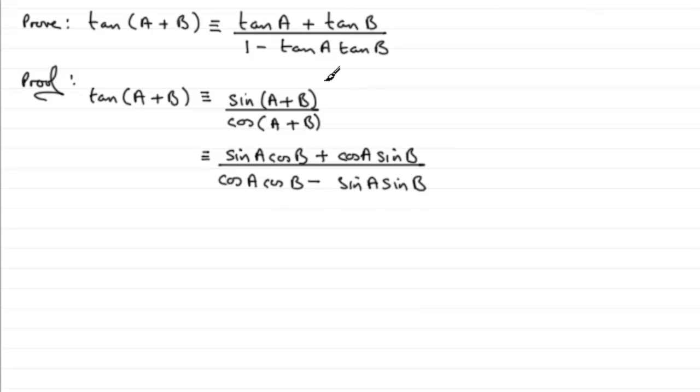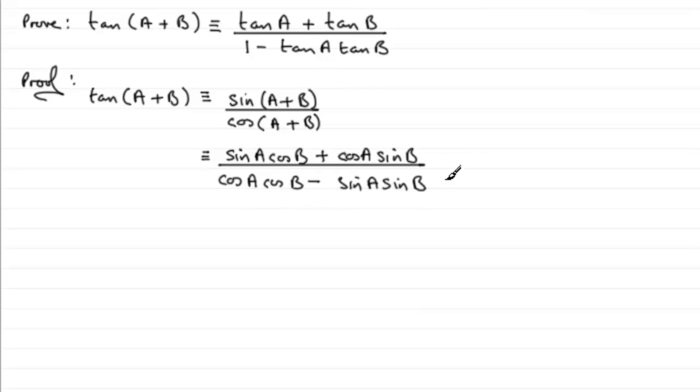It's got this kind of style that you see up here. So I'm thinking, well, okay, how do I get that 1? I would get a 1 if I was to divide this by cos a cos b, but I can't just divide this term. I can divide each term by cos a cos b.